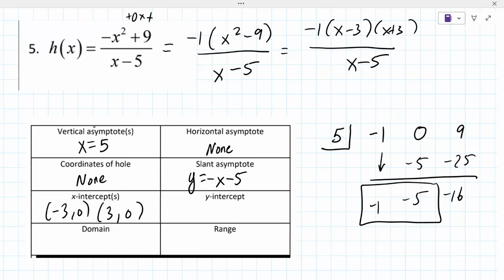And then the y-intercept, that's where it's better to go back to the original form. That's negative 9/5. Yes.